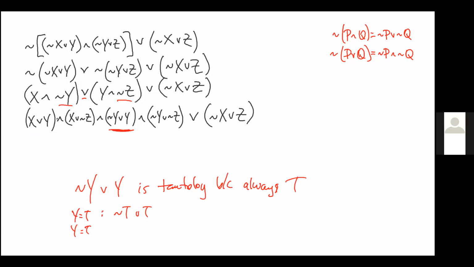If y is assigned false, that statement looks like not false or false. Okay, this is the same as, well, not true is false. So this is false or true. Whereas this one, not false, would be true. And in either case, I have a true. Right? And true ORed with anything is true. So regardless of what value I assign at the beginning, I get true at the end, meaning it's a tautology. Okay.